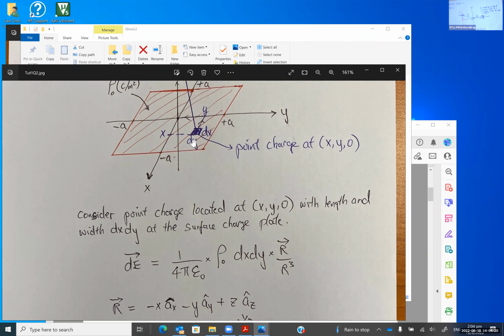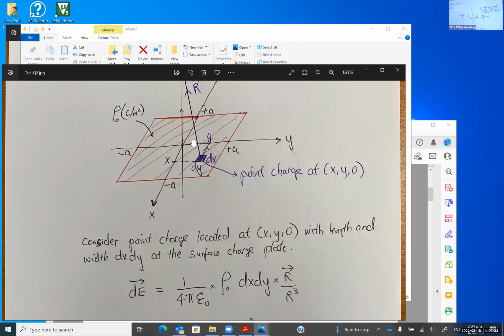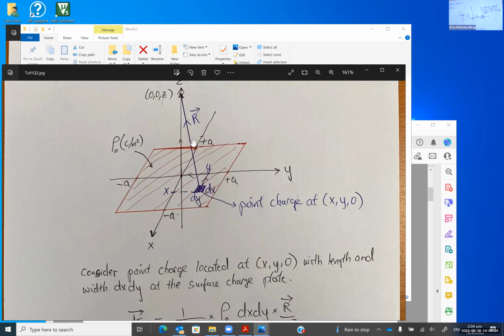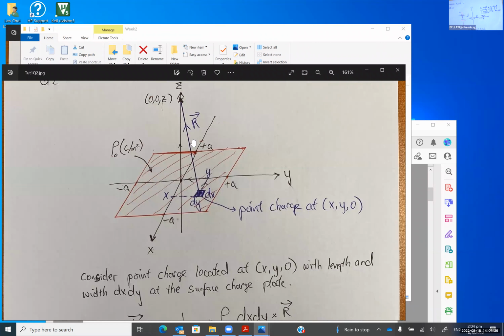So do the same thing again, decompose it into the ax component, ay component, az component. You agree with me that from this point charge, I should go parallel to the x in this direction, and then this direction, and then up, right? Eventually I reach here, right? Okay, so what's this x component?